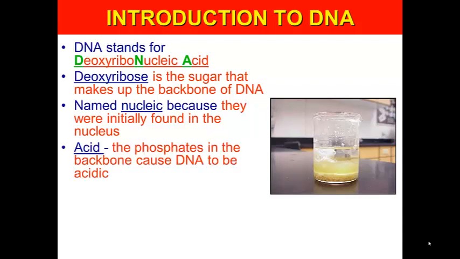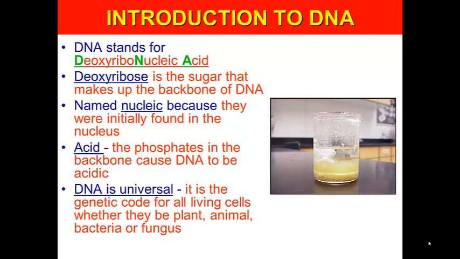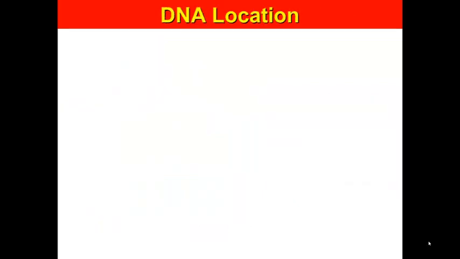The acid comes from the phosphates in the backbone of DNA, which cause DNA to become acidic. DNA is universal. It's the genetic code for all living cells, whether they are plant, animal, fungus, or bacteria, as well as viruses also contain DNA.